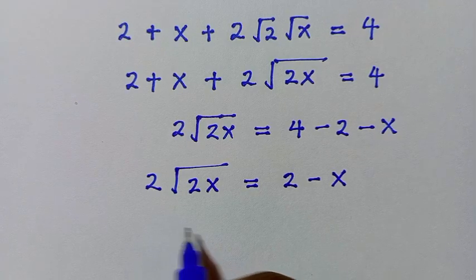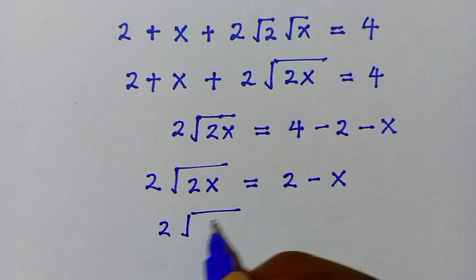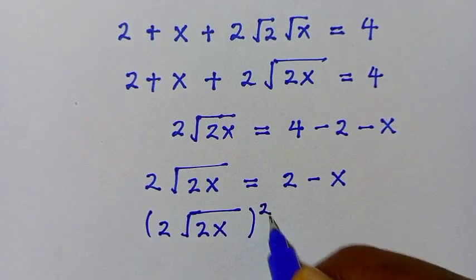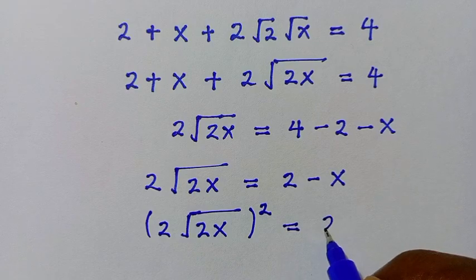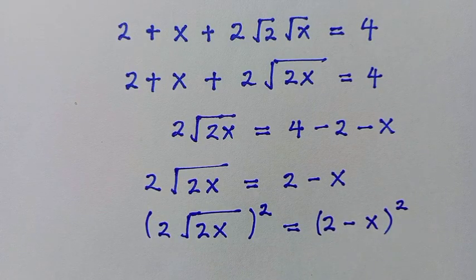By taking the square of both sides again, we have (2 square root 2x) raised to power 2 equals (2 minus x) raised to power of 2.